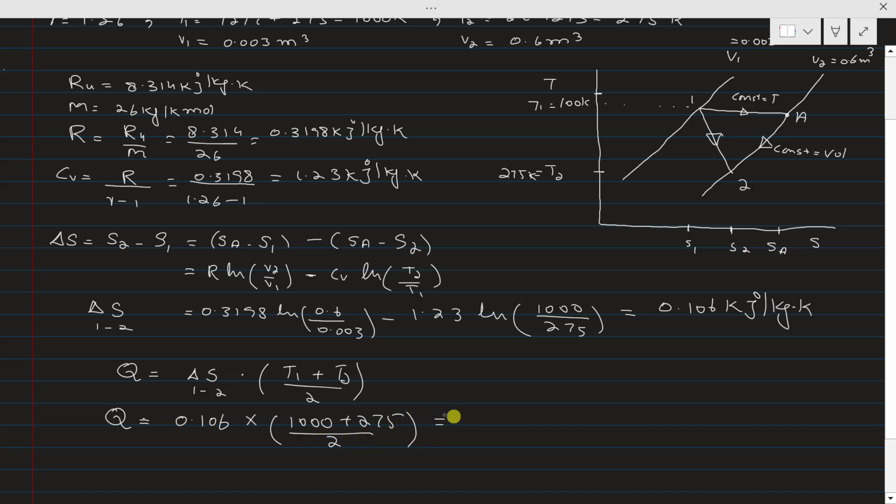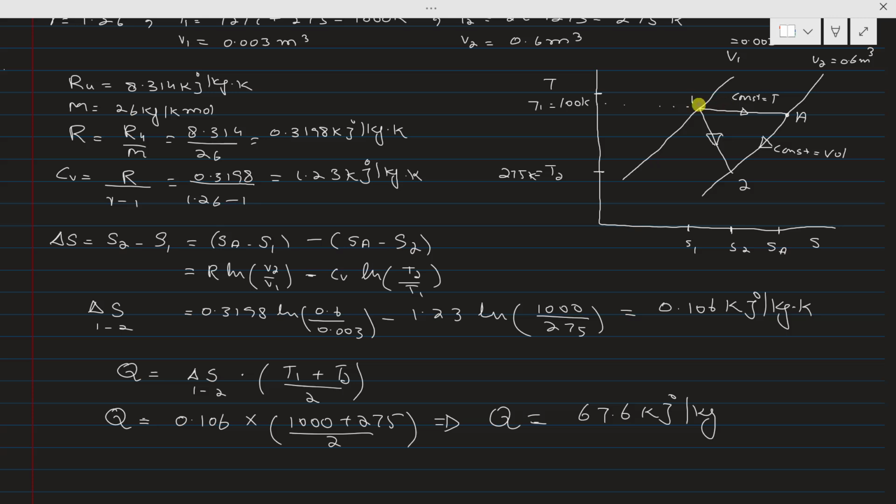After calculations you will get its value, that is 67.6 kilojoule per kg. So this much heat is supplied when the expansion takes place from process 1 to 2.